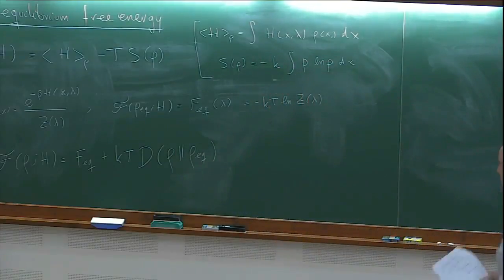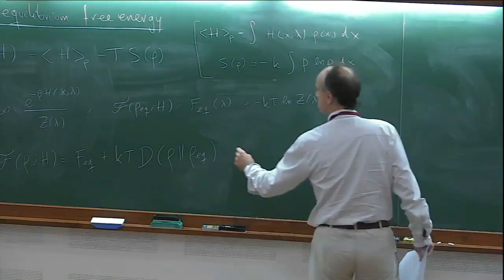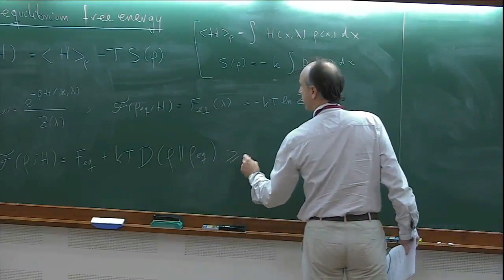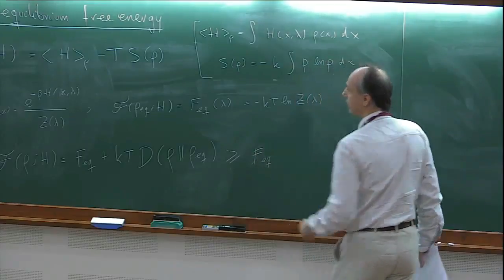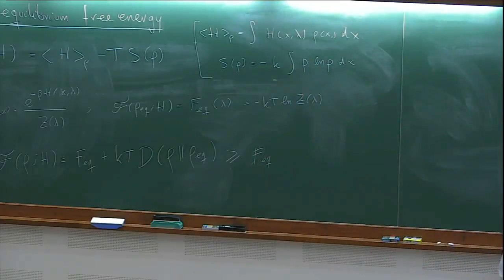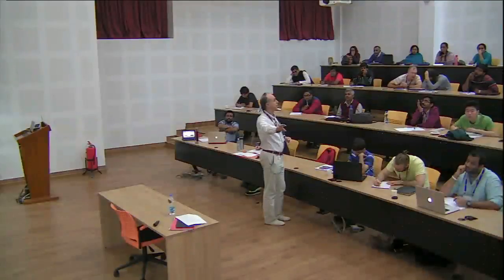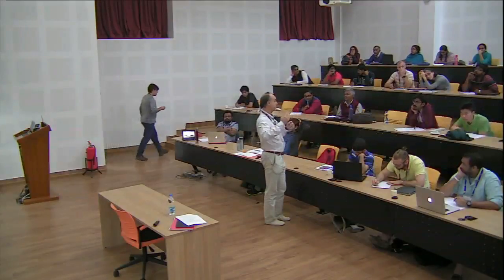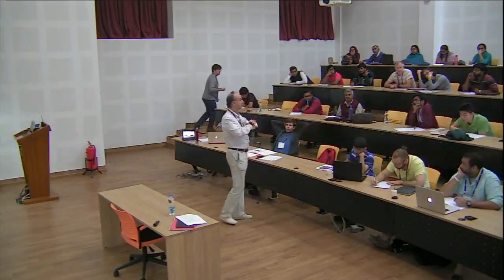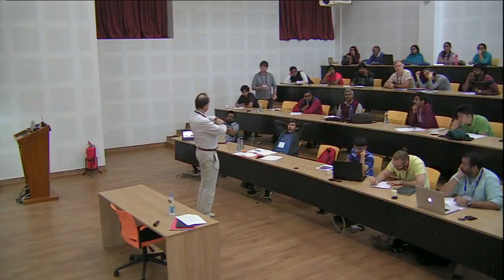So this means that the non-equilibrium free energy is always bigger than the equilibrium one, and it's only equal to the equilibrium one if the system is in equilibrium. This is actually what Suri showed you this morning when he showed the formula of the dissipation, the entropy production of a polymer that is trying to copy a template.